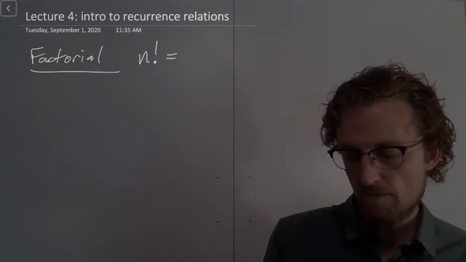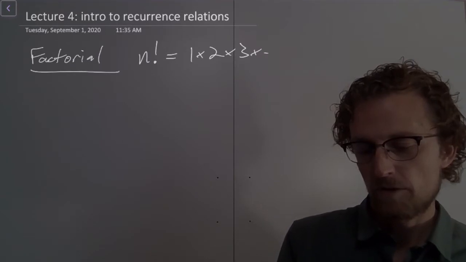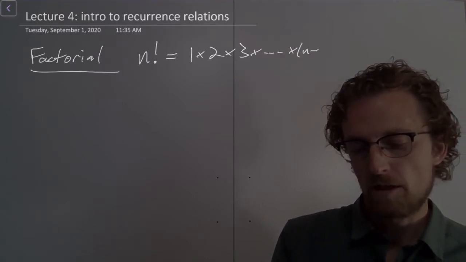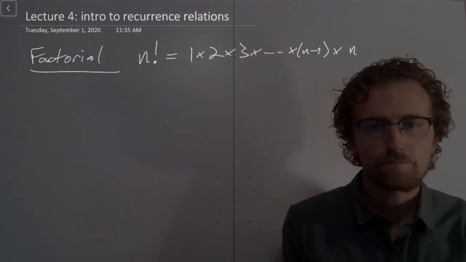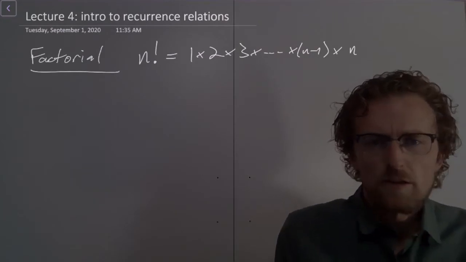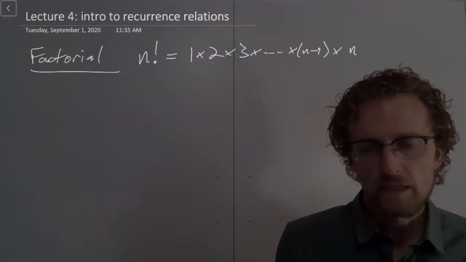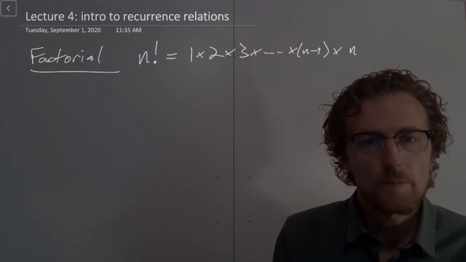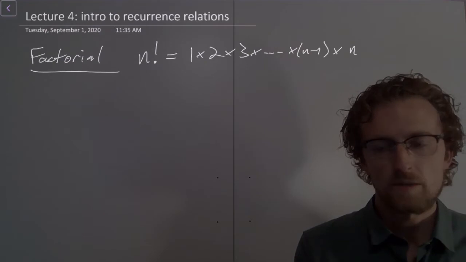Right, so that means 1 times 2 times 3 times ... times n minus 1 times n. Right. So one of the nice things about factorial, and this is a basic mathematical concept, it's used as an example of how we can apply recursive algorithms in a really simple way.